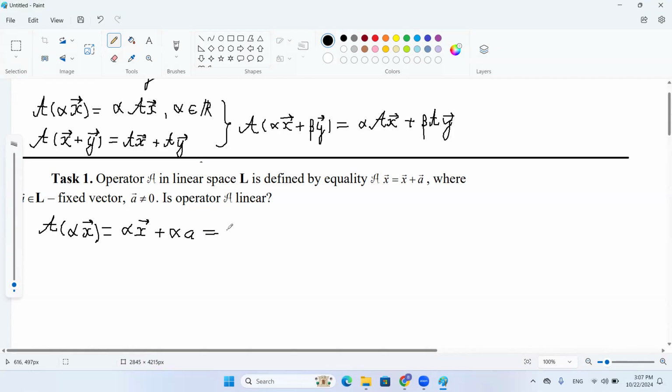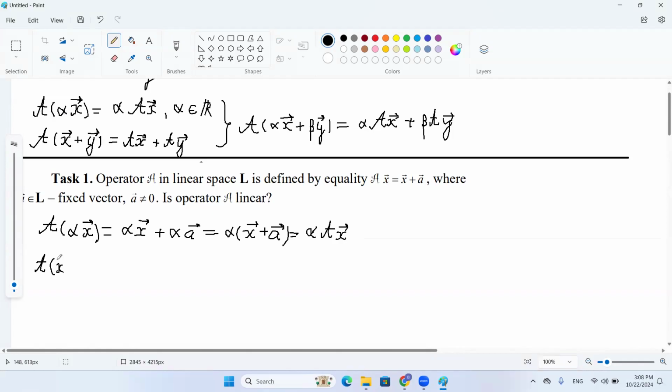So it equals alpha x plus a vector. And it will be equal, so the same. We can move alpha out of brackets, but we need to verify also the other condition. So let's do it.